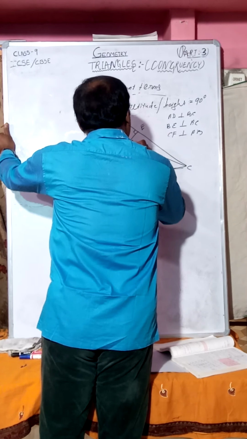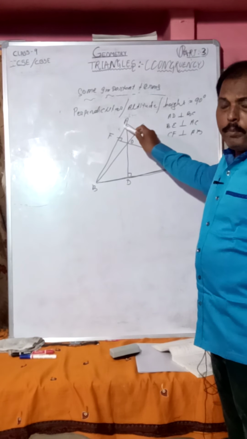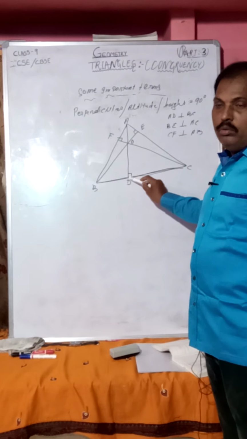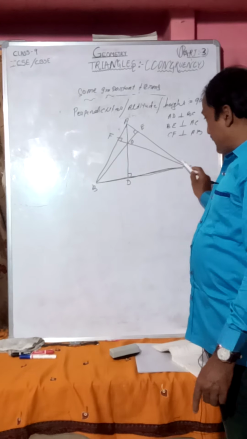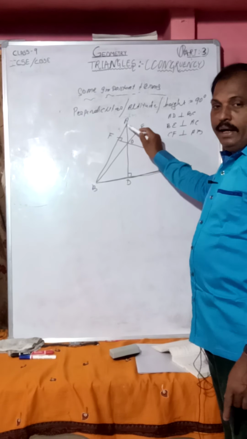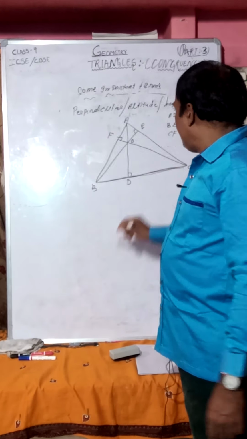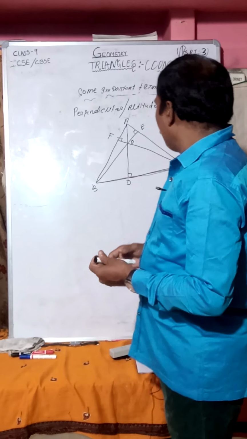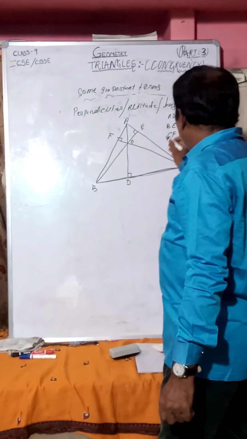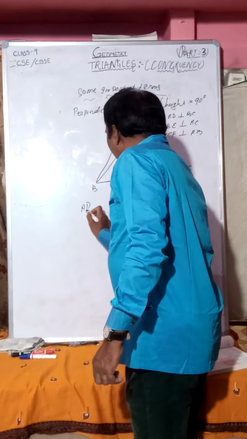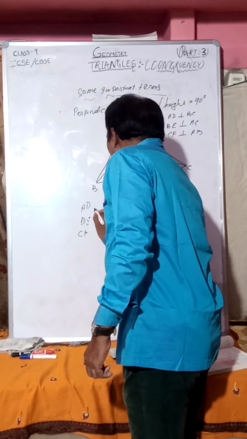Now this point is O. AD is perpendicular to BC, BE is perpendicular to AC, and CF is perpendicular to AB. So there are three perpendiculars of a triangle. All the perpendiculars AD, BE and CF are concurrent.